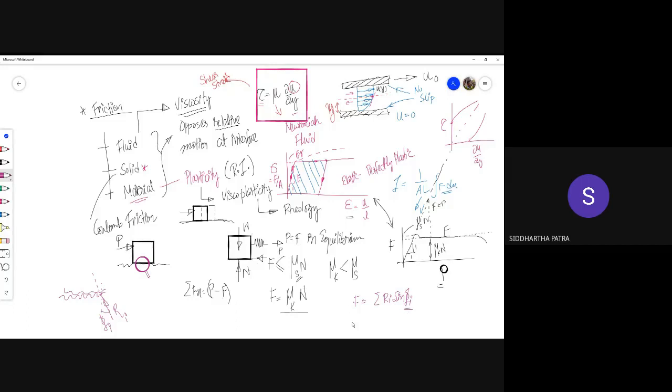So this angle is called the friction angle. So in the end you can say that for this block also, instead of showing separate normal and friction force, you can show that by a single resultant, and then by an angle.